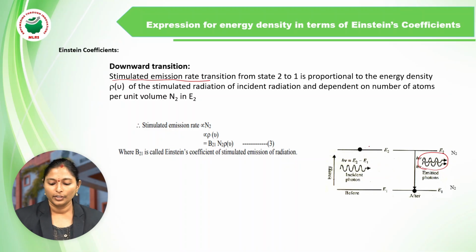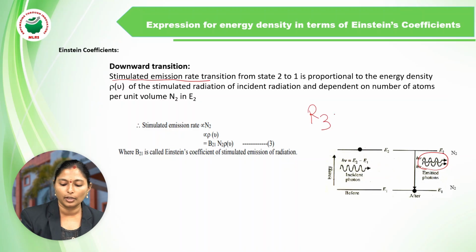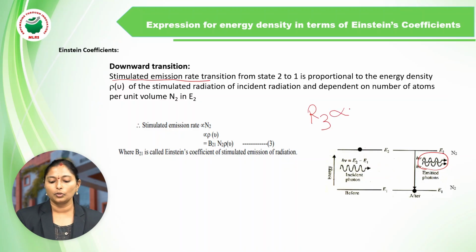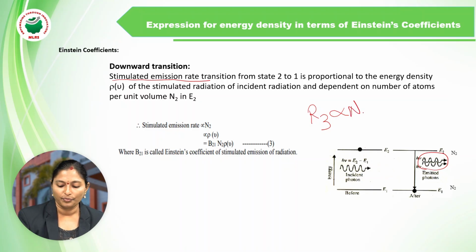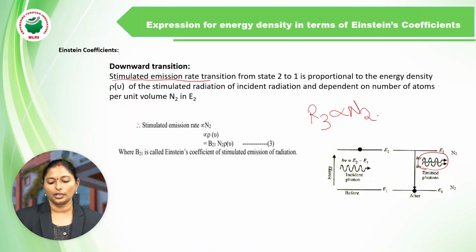And here the rate of stimulated emission depends on the same number of atoms in the excited state. In the same way, another factor is also there, that factor is the energy density, because we are giving energy to the atoms in the excited state.